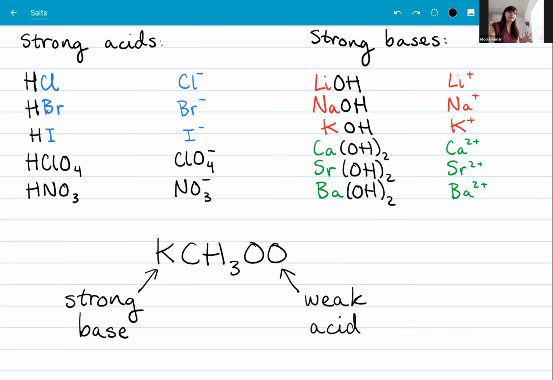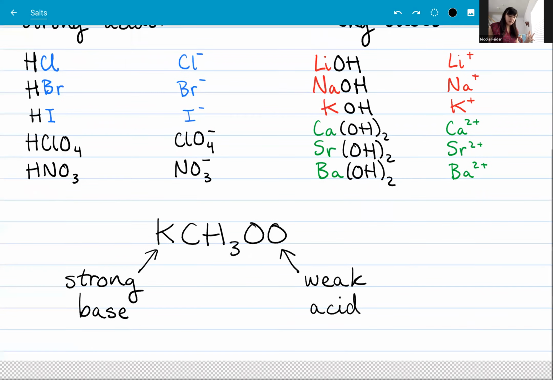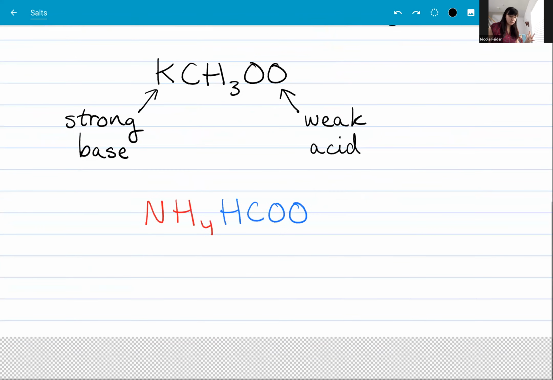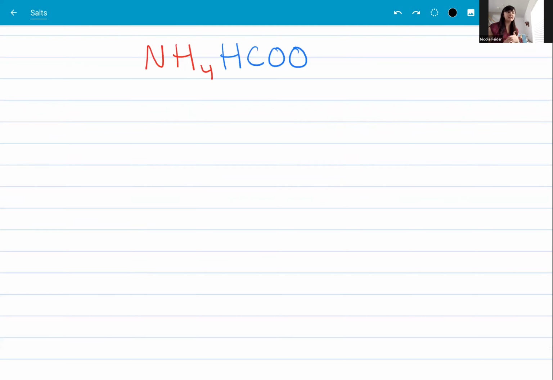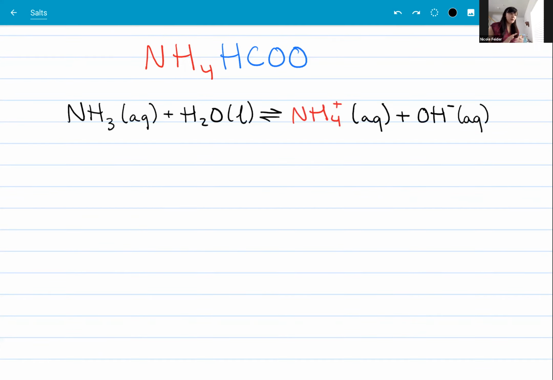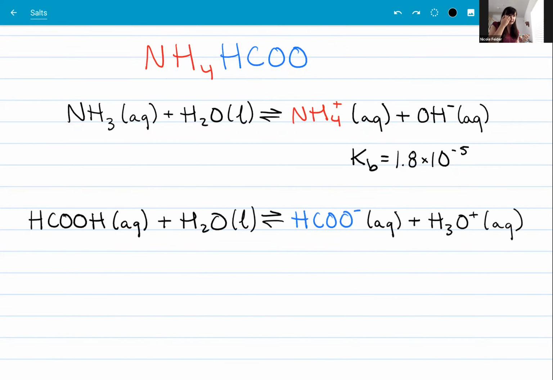As an example, let's look at a solution of ammonium formate, or NH4HCOO. So ammonium is the conjugate acid to the weak base ammonia, which has a Kb of 1.8 times 10 to the minus 5. And formate is the conjugate base to the weak acid formic acid, with a Ka of 1.8 times 10 to the minus 4.